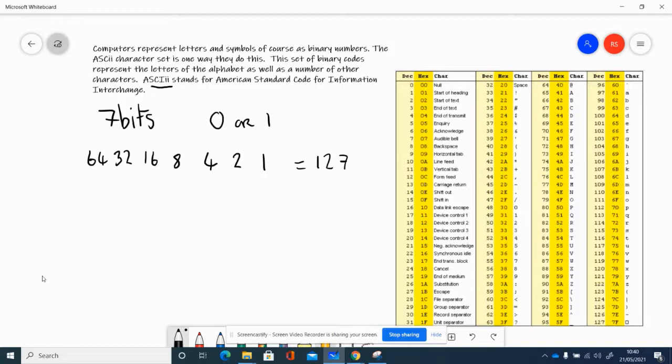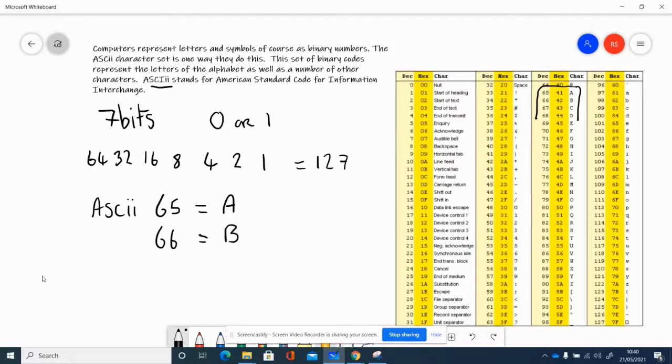Only ones we're really interested in are these ones here, which represent letters. So if you look, we've got Ascii 65 is a capital A, and Ascii 66 is actually a capital B.